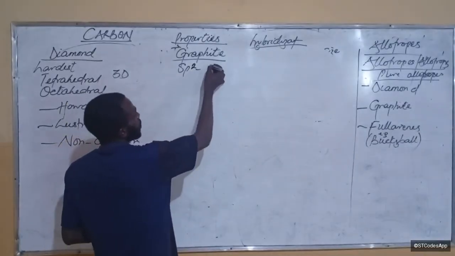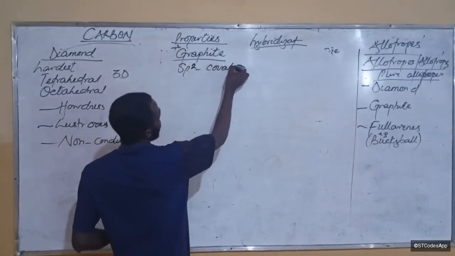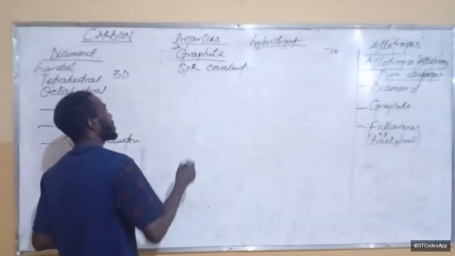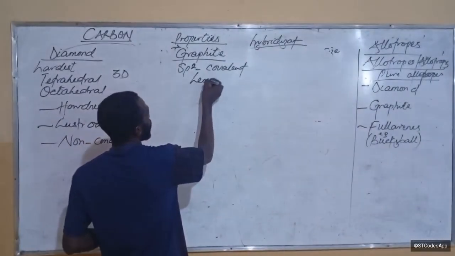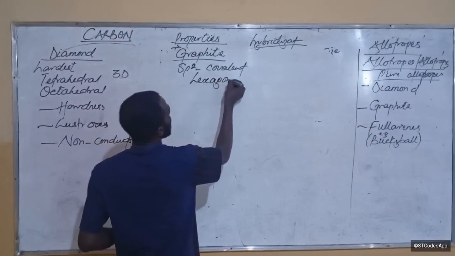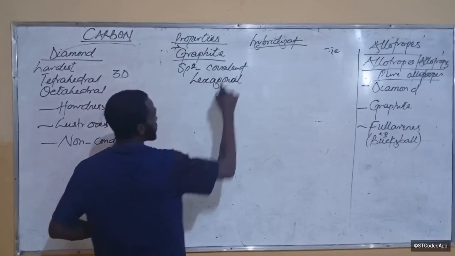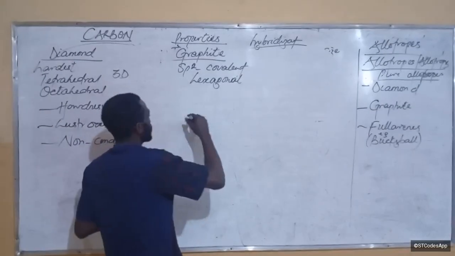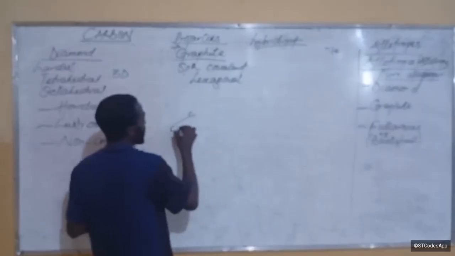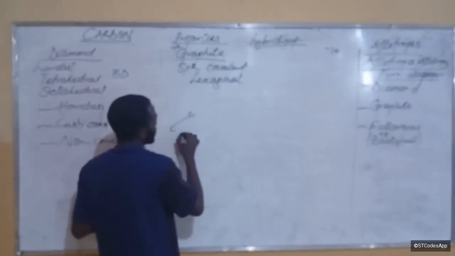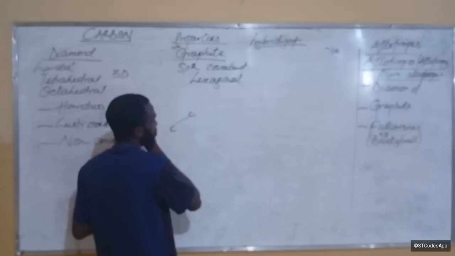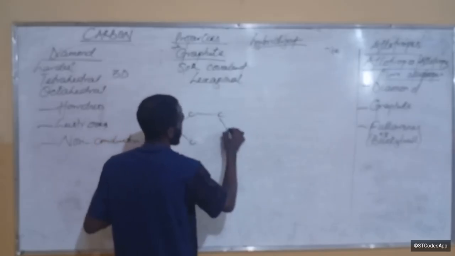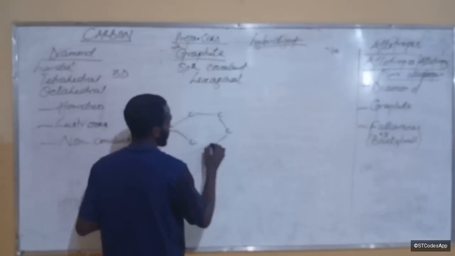So the sp2 covalent bond is what we find in these, and the shape that they form is a hexagonal shape, and they have weak bonds around them. Let me show you the structure of the hexagonal shape. So you have a carbon here, a carbon here, a carbon here, a carbon here.